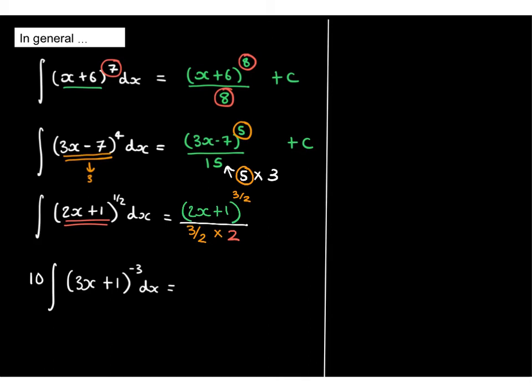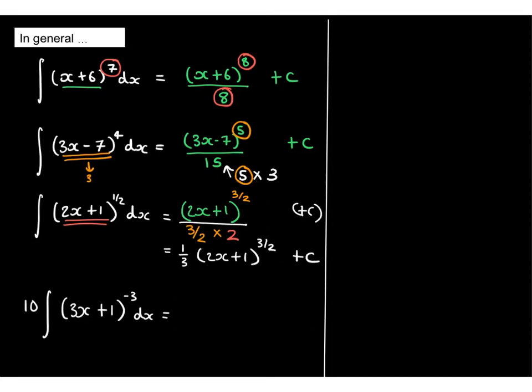Now, of course, there's a plus c as well, which we'll just take for assumed here. So this then gives us a value of 1/3 2x plus 1 to the power of 3 over 2, which is the answer that we got if you look back at this question.